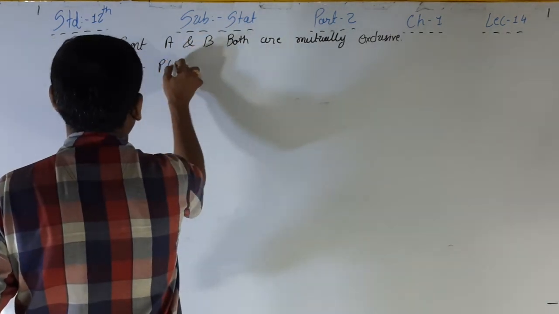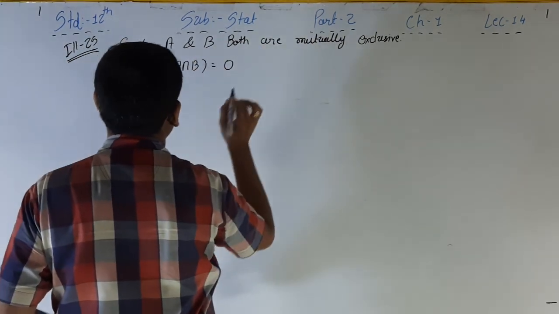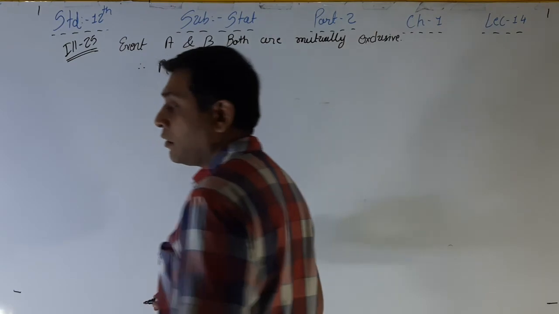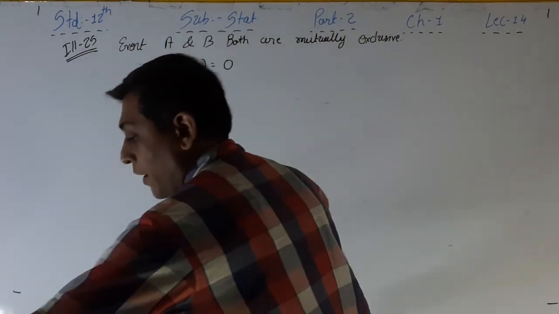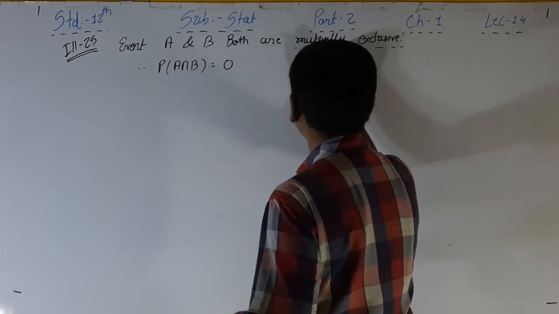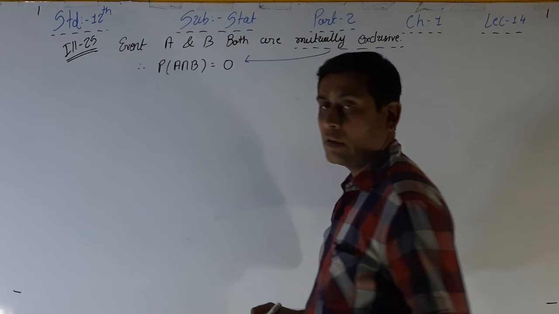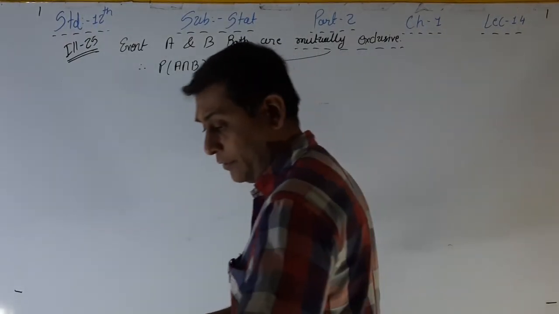Therefore, P of A intersection B is equal to 0, right? This is the condition for mutually exclusive events.